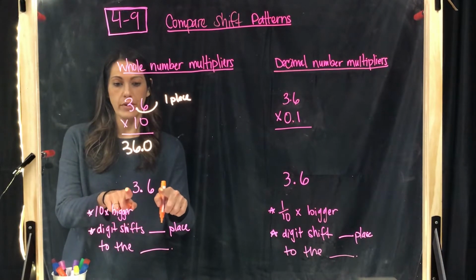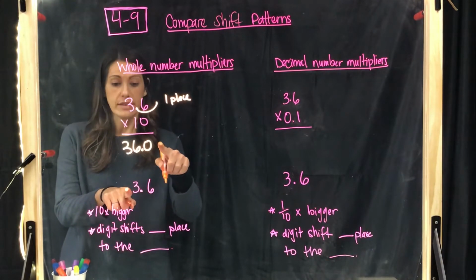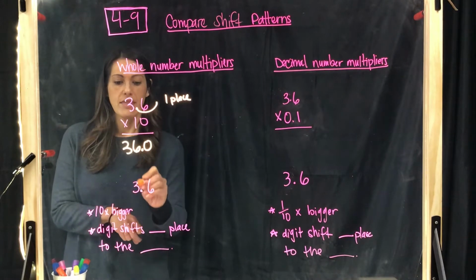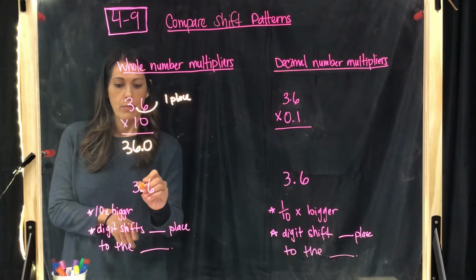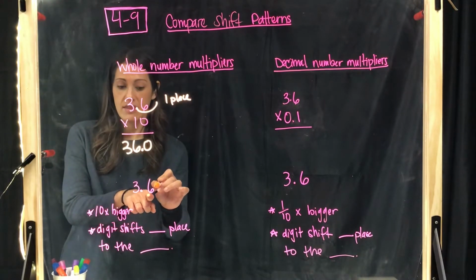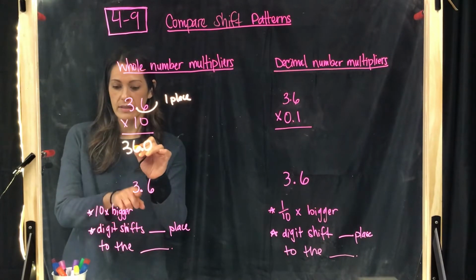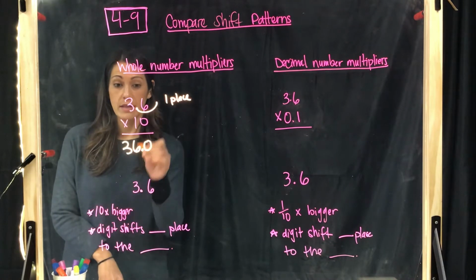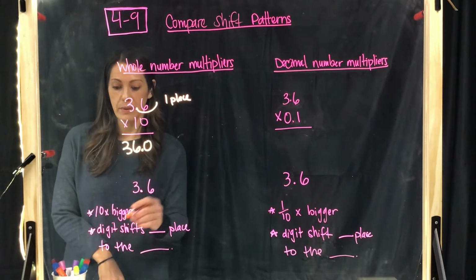I started with 3.6 and it became 36. So that 3 that was in the ones place moved to the tens place. And that 6 that was in the tenths place moved to the ones place. So everything got 10 times bigger. Each number got 10 times bigger.